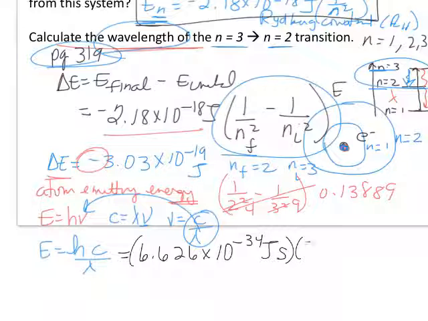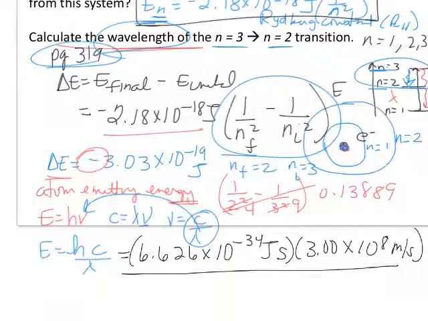Speed of light, that's also on the periodic table that you'll be given, 3.00 times 10 to the 8th meters per second, divided by lambda.